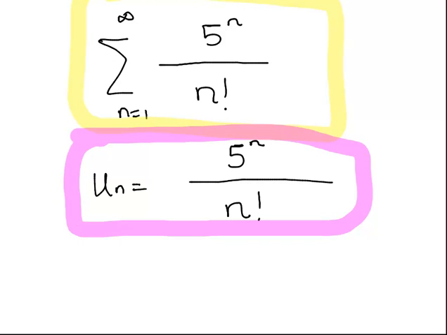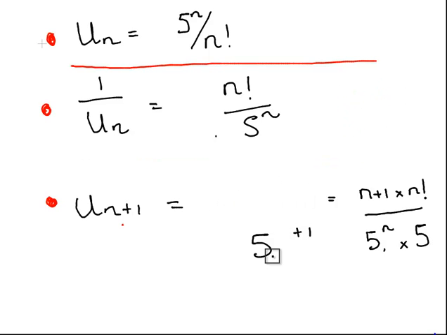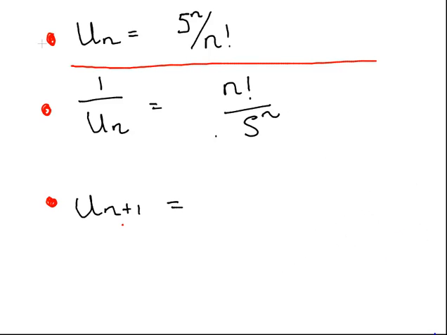What I'm going to do now is get clear what the series is and what the general term is. I actually started this, but I have a little error somewhere, so I'm just going to restart. First off, we have u of n, 5 to the n over n factorial. Later on we have to divide two terms, and the term I'm dividing by is u of n.